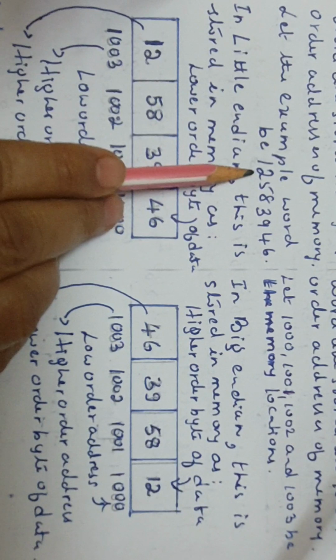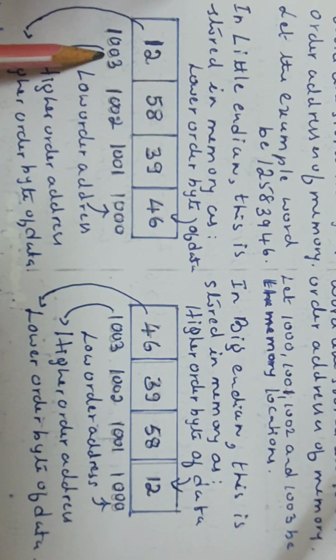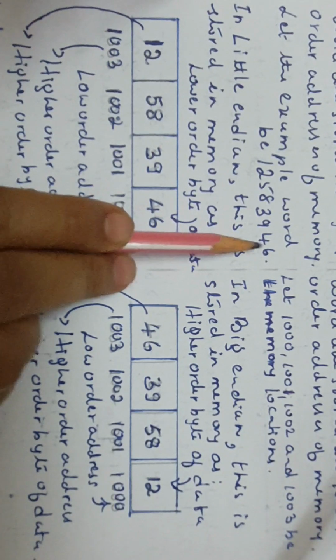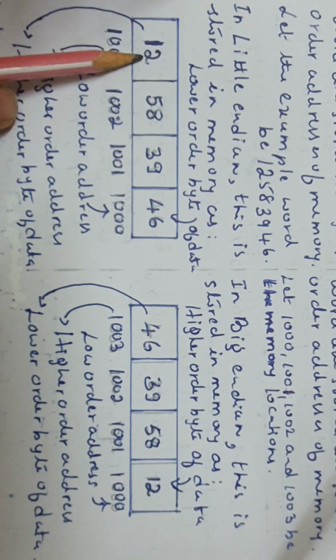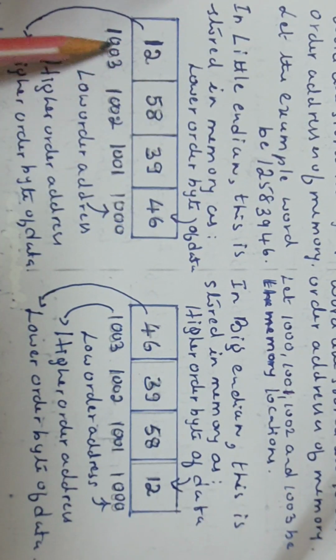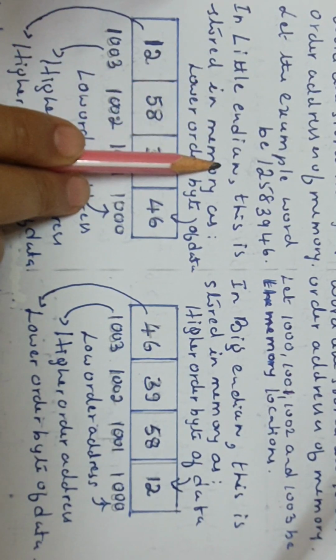This is the higher order byte of the word, stored in the higher order addressed memory location. This is the higher order address and this is the lower order address. In the lower order addressed memory location, the lower order byte of the word is stored. In the higher order addressed memory location, the higher order byte of the word is stored. This kind of storing is called little-endian.